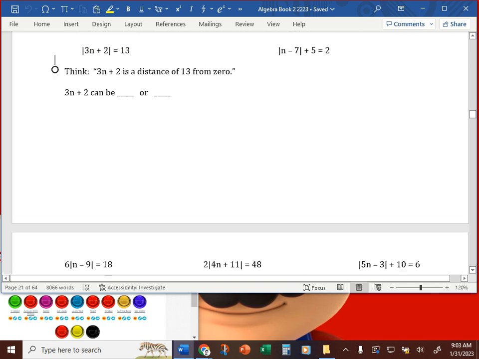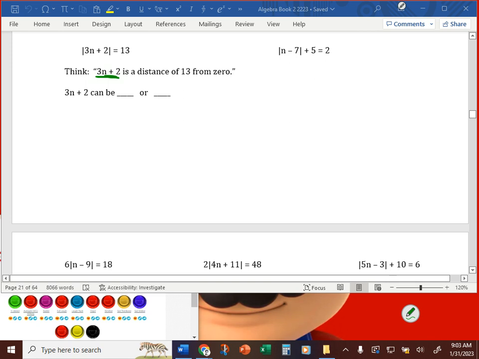The absolute value of 3n plus 2 equals 13. So the bars are by themselves, which means we can think, what does this mean? If the absolute value of 3n plus 2 is 13, that means that 3n plus 2 is a distance of 13 from 0.